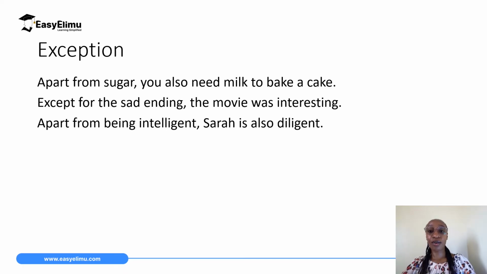Except for is a complex preposition. So the movie was interesting. However, the ending was sad. Apart from being intelligent, Sarah is also diligent. So apart from is a complex preposition, and it shows us that Sarah is intelligent and also she is diligent.